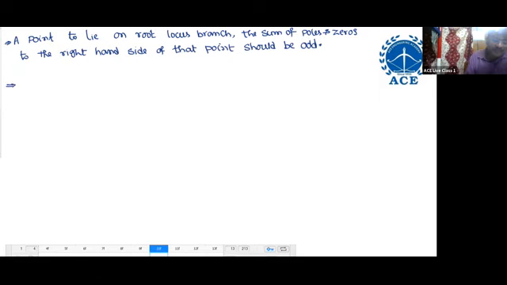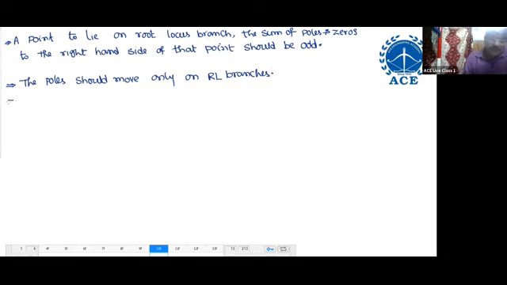And one more point I told: the poles should move only on root locus branches.